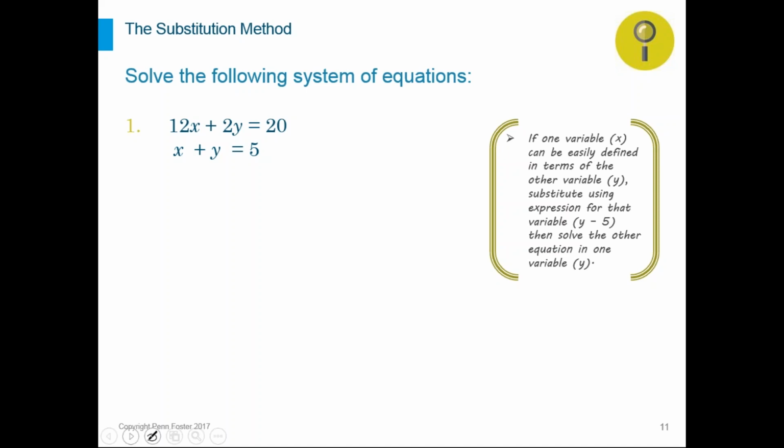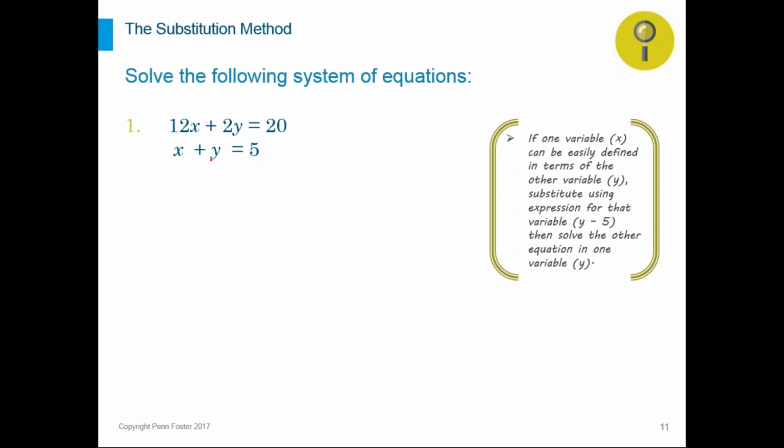What they mean by that is we need to look at the simplest equation among the two that we have. We have 12x plus 2y equals 20, and x plus y equals 5. Apparently here, as you see, the coefficients for x and y in the second equation are only 1.